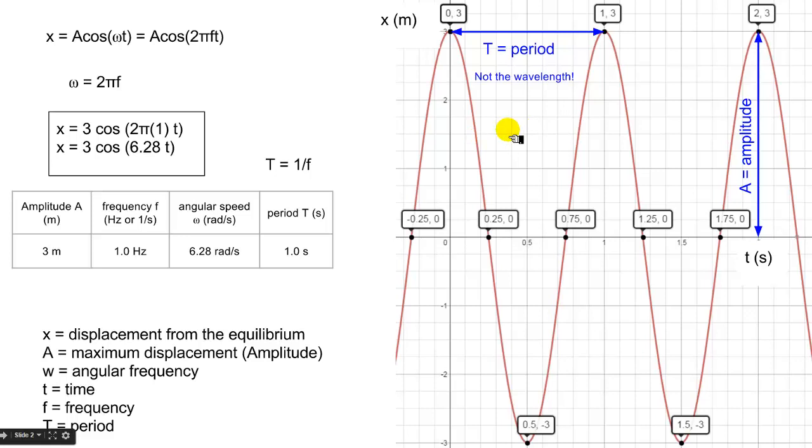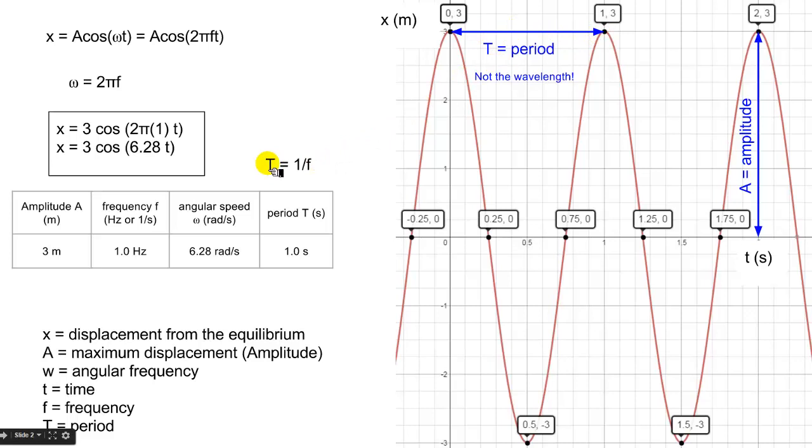So let's start with just looking at the graph. If we look from crest to crest, or same part of the wave to the same part of the wave, technically this is not the wavelength. From here to here, this distance would be the period.